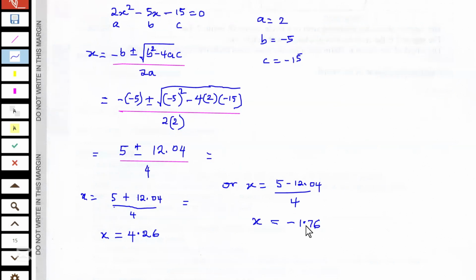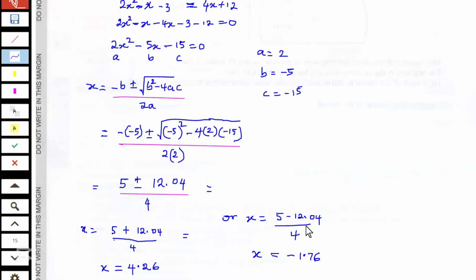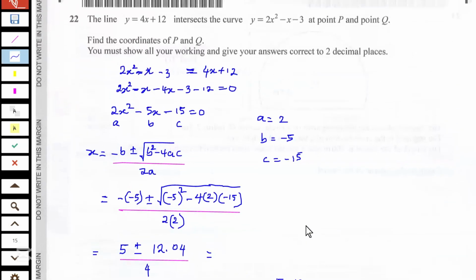So after finding the values of x, we can now go back to the original equation to find the corresponding values of y. From the equation y equals 4x plus 12, knowing the values of x, all you have to do is substitute.